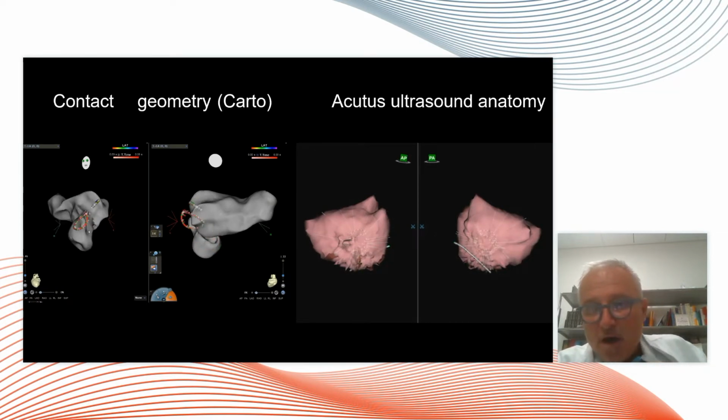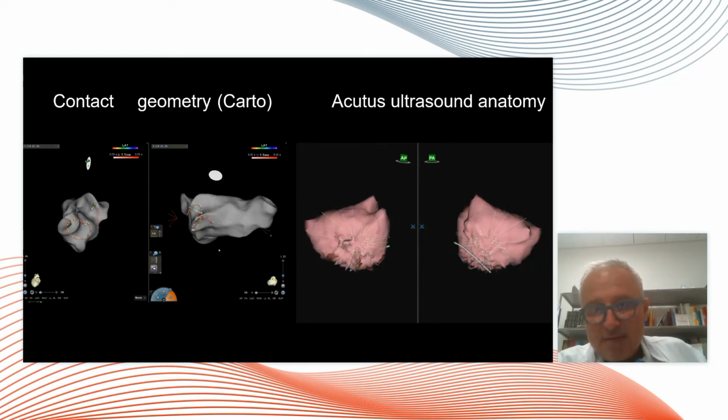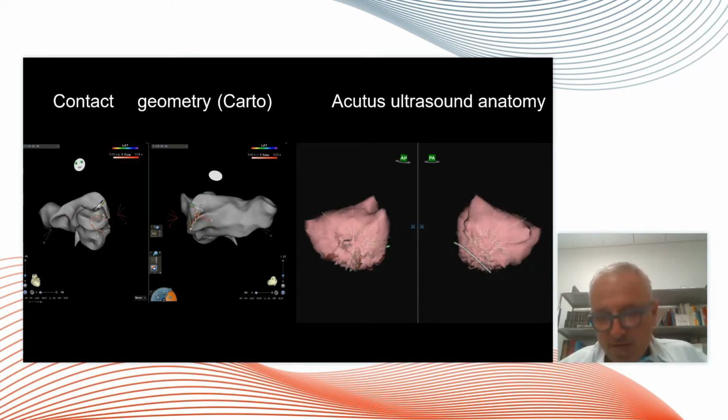And you are more confident that you get all the regions of the heart chamber, even when the catheter does not want to go there. So contact mapping is also about contact geometry or non-contact anatomy. I would say also a CT scan is a non-contact anatomy of the heart.